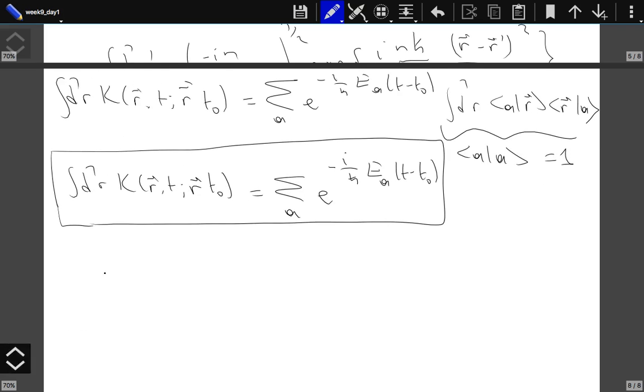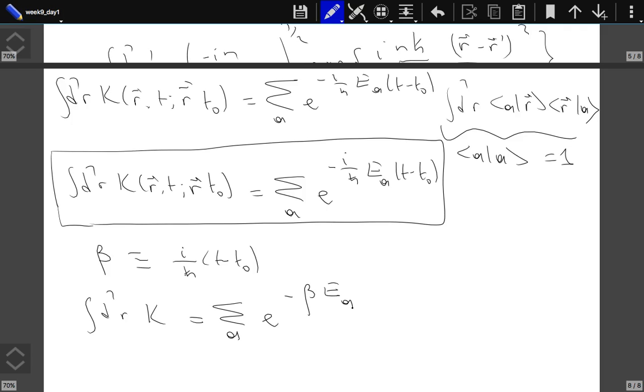Let me define beta to be i over h bar (T minus T0). Then the integral of d cubed R of K just becomes the sum over all the energy eigenstates of e to the power minus beta E_A.